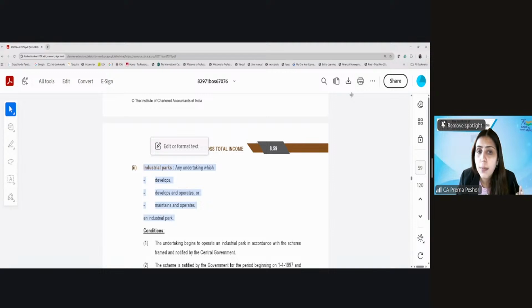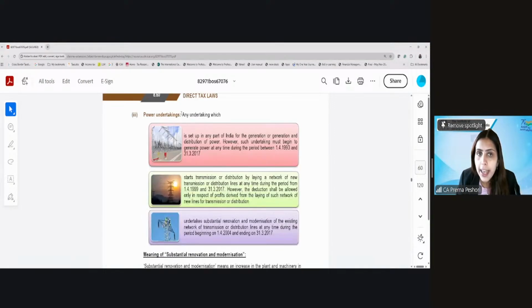Next is, if you look at power undertakings. Any undertaking which is set up in any part of India for the generation and distribution of the power before 31st March 2017 or starts transmission or distribution by laying a network of new transmission and distribution lines between this period, or undertakes substantial renovation and modernization of the existing network of transmission and distribution line.